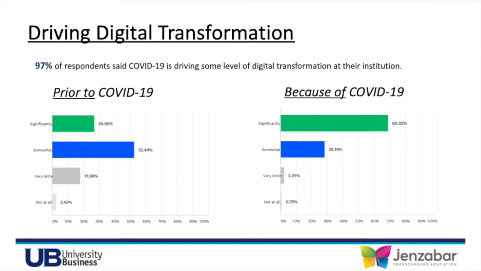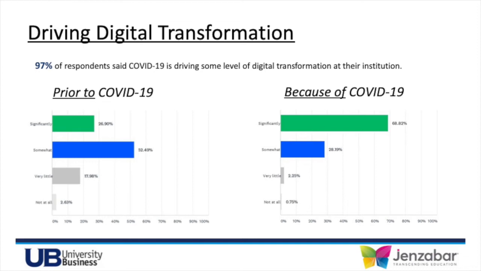And the not at all disappears. The very little goes to a little over 2%. So this is a pretty striking number to me. We do all kinds of surveys. Very seldom do you see numbers like this, adding up to 97% of people saying it's changed how they use technology.